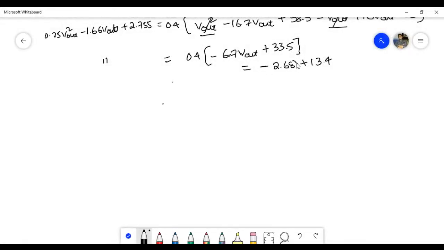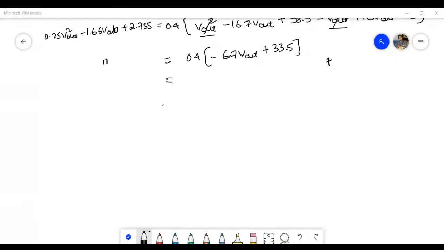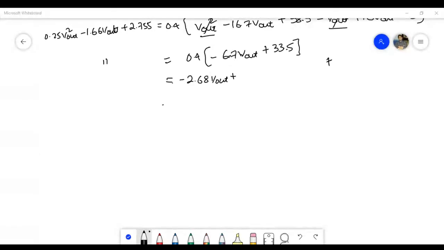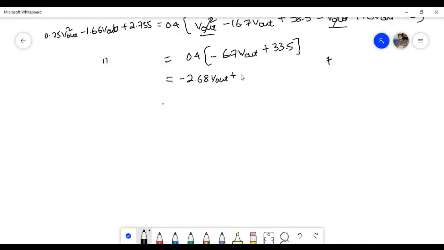So here it is V out, okay. Right again. So this is minus 2.68 V out plus 13.4.